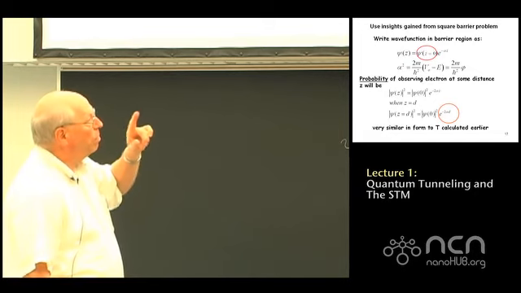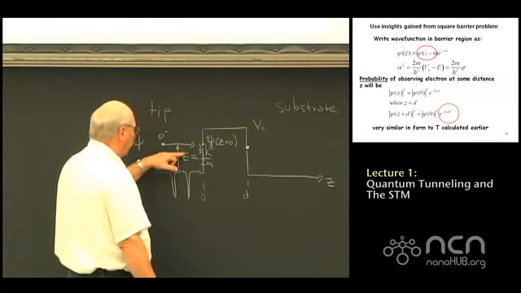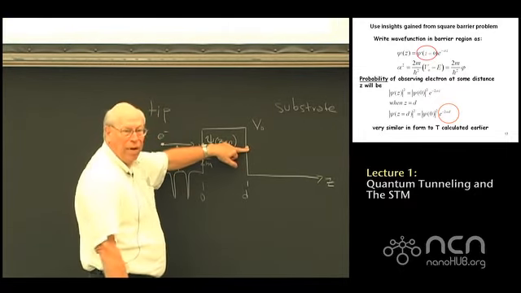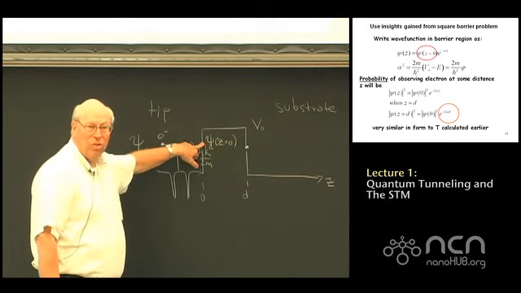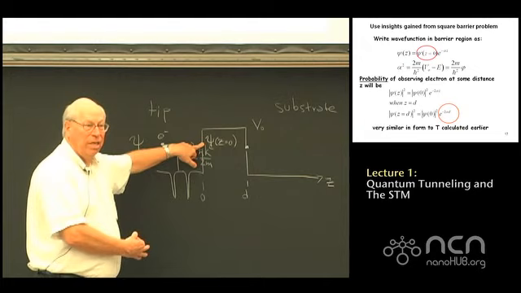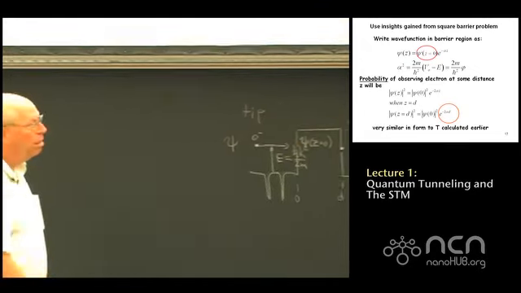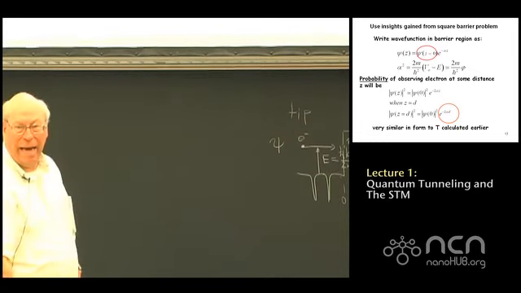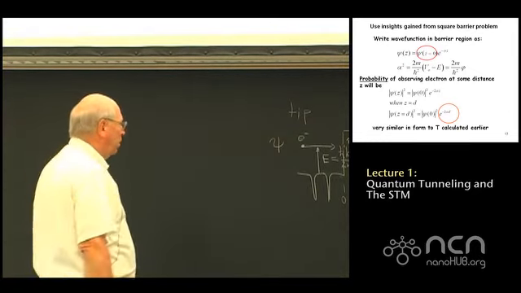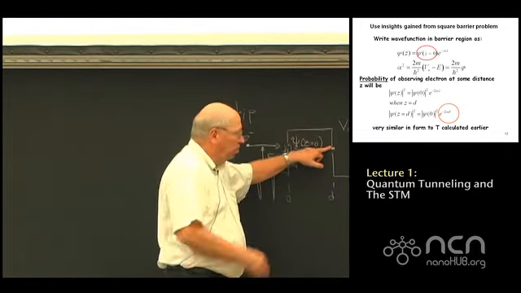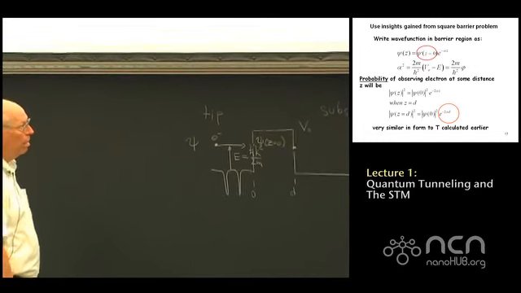So the probability that we will find this electron with this energy E at this point d is the square of the wave function at z equal to 0, that's the probability that it's here, times this e to the minus 2 alpha d parameter that's circled in this slide. All we're saying is that the probability that the electron gets from here to here decays exponentially with this e to the minus 2 alpha d factor.